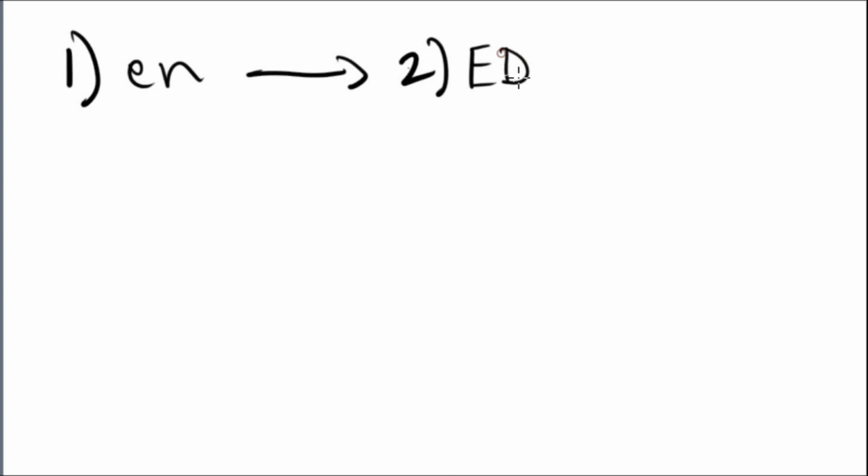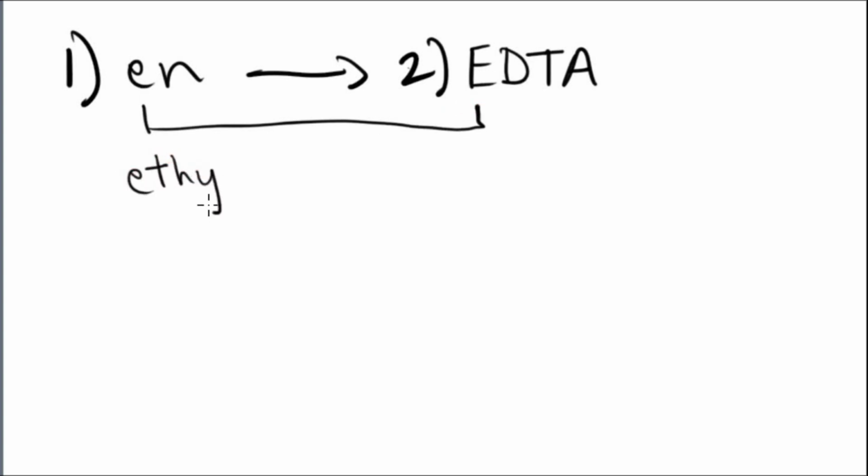Okay, now I want to teach you to draw EDTA. En is the pre-step to EDTA, right? So ethylene diamine leads to EDTA. So let's see what E stands for. As I already mentioned, it's ethylene. Now we know that ethane has 2 carbon atoms. So ethylene will look like CH2 and CH2.